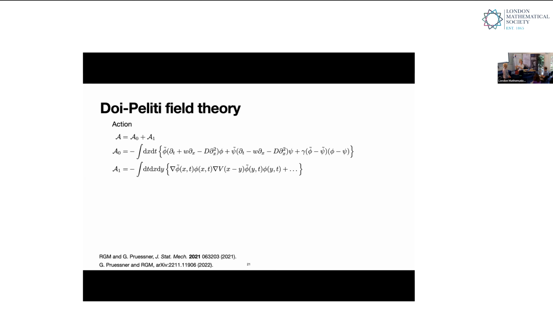So there is a backstory here. There's first the dynamics. Initially, this was used to describe chemical reactions, so it's very easy to account for particles that are created and destroyed. And so you use ladder operators to describe those processes.